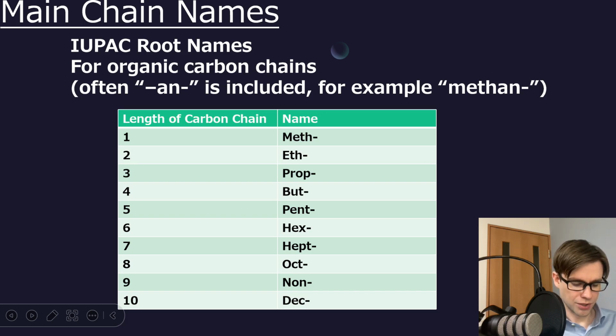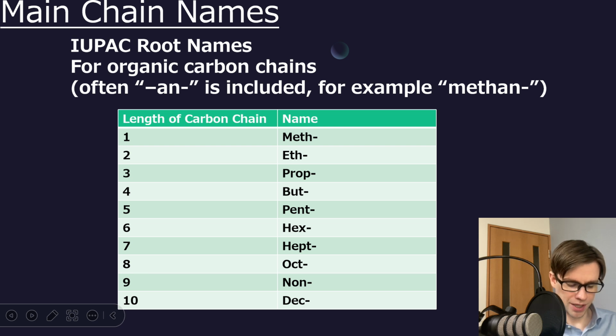So for organic carbon chains, we have root names that you absolutely must know. You must memorize these as soon as possible. You know, just go through this 50 times if you need to. 1 meth, 2 eth, 3 prop, 4 but, 5 pent, 6 hex, 7 hept, 8 oct, 9 non, 10 dec.